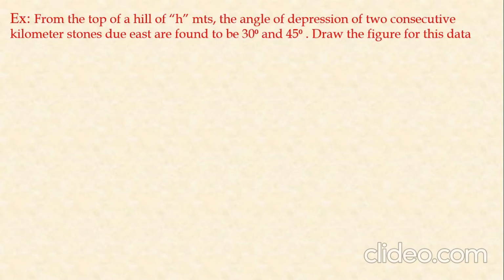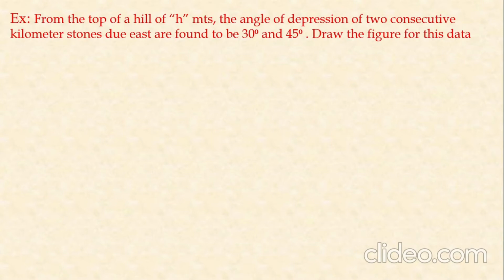From the top of the hill of h meters, that means the height of the hill is h meters. The two consecutive kilometer stones are settled consecutively, the first and the second one, at angles of depression 30 degrees and 45 degrees.